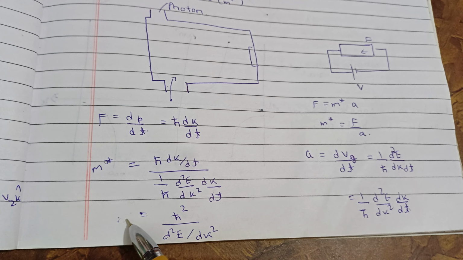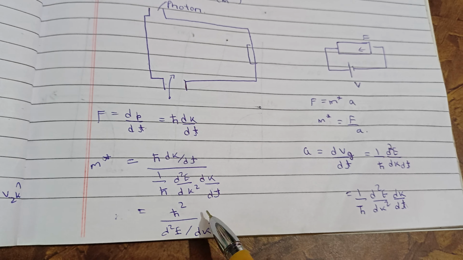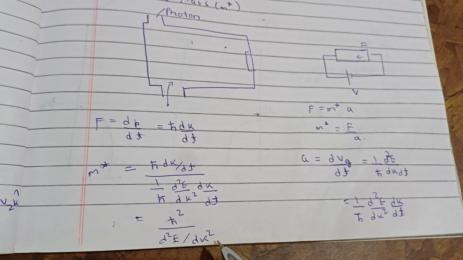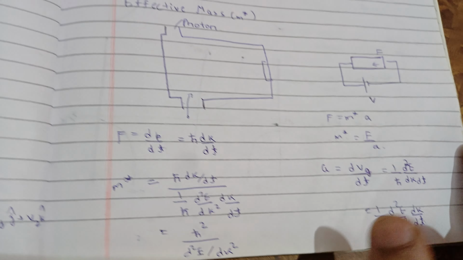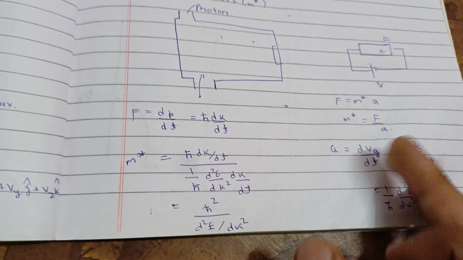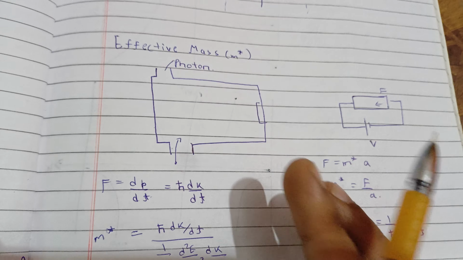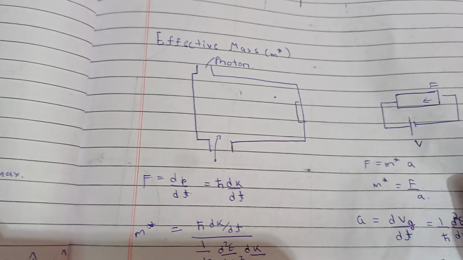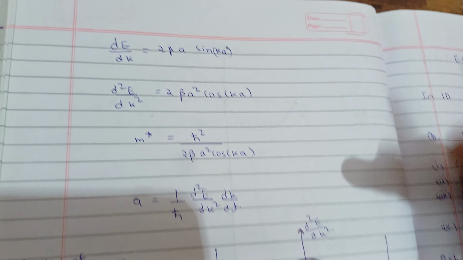So the effective mass is h cut square divided by d square E divided by dk square. This is the effective mass formula. You need to remember this. And to understand more, you should go to Google and see the Higgs boson theory. That's actually a very interesting topic.